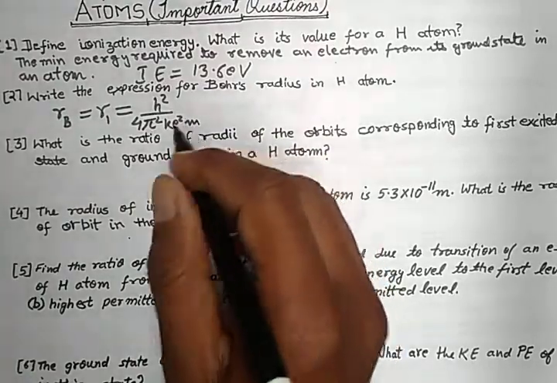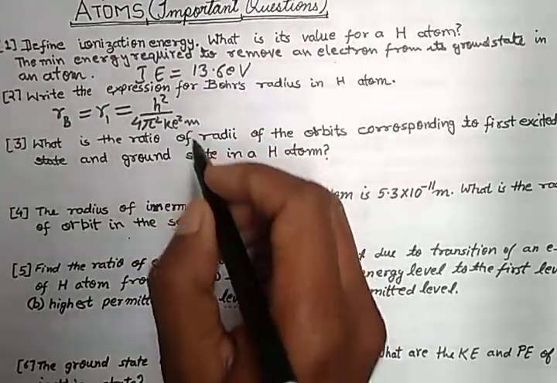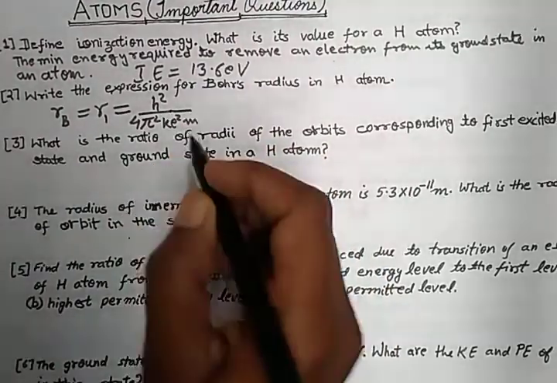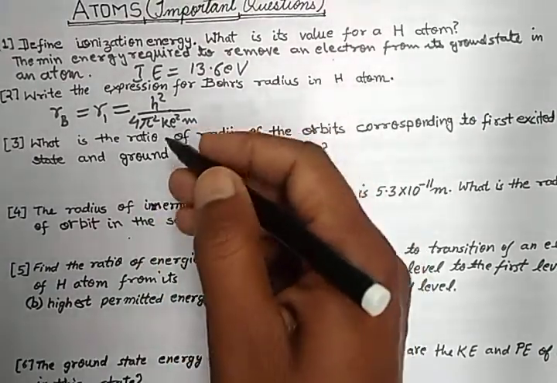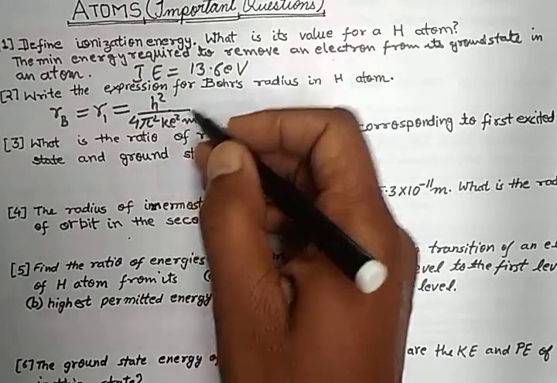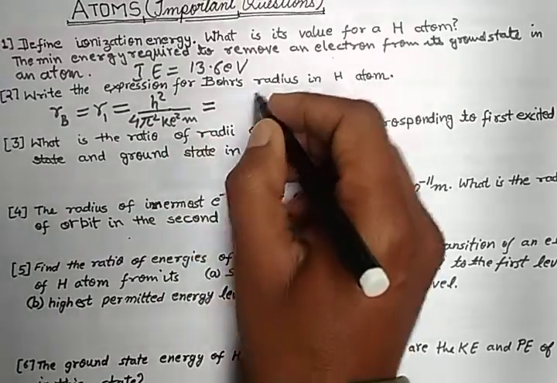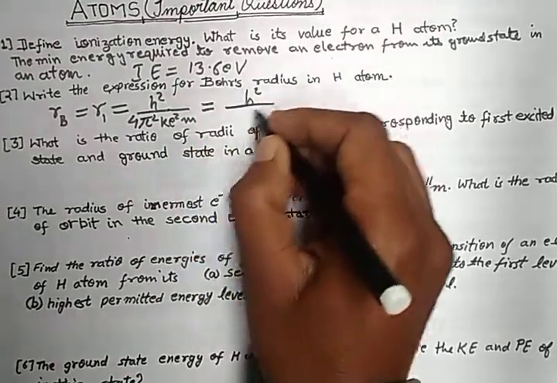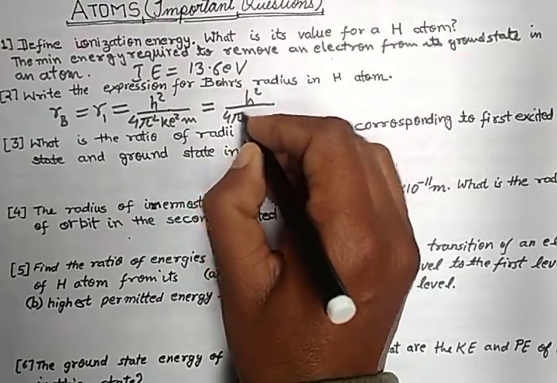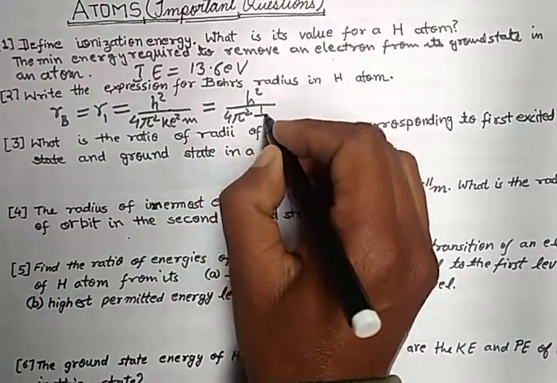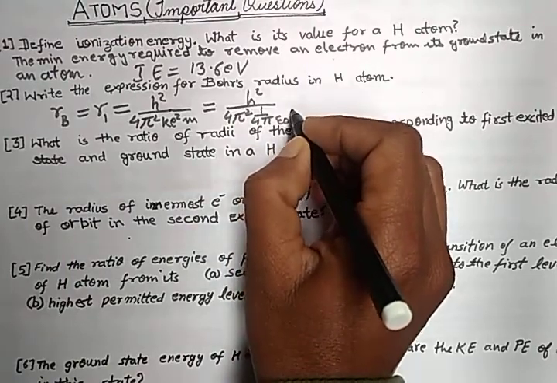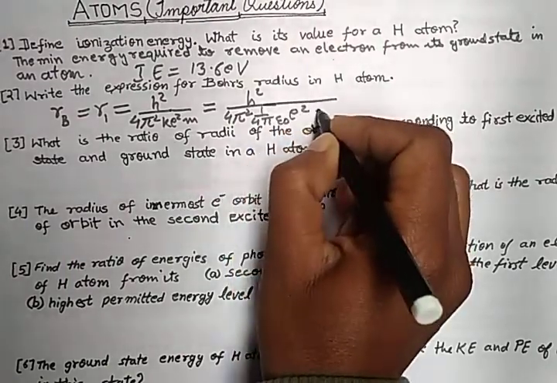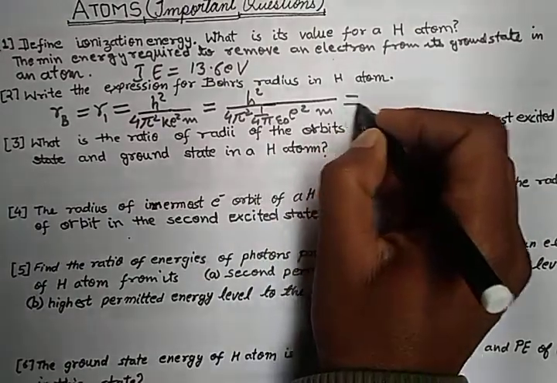Sometimes if it comes in MCQs, then what will you do? Maybe they have put the value of k also, so putting that value, k is 1 by 4 pi epsilon naught, so h square upon 4 pi square into 1 by 4 pi epsilon naught, e square m.